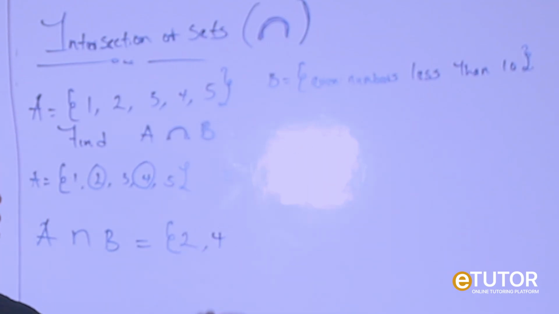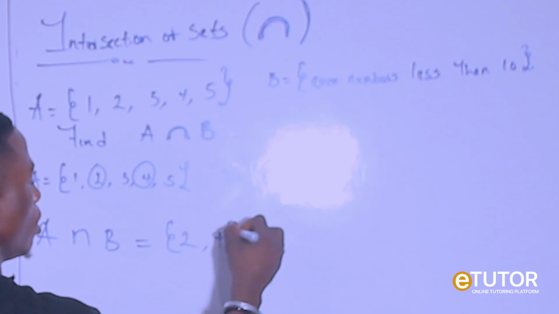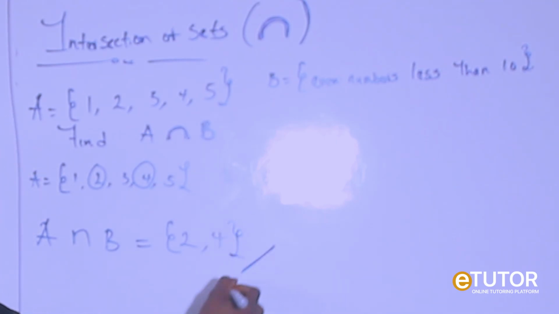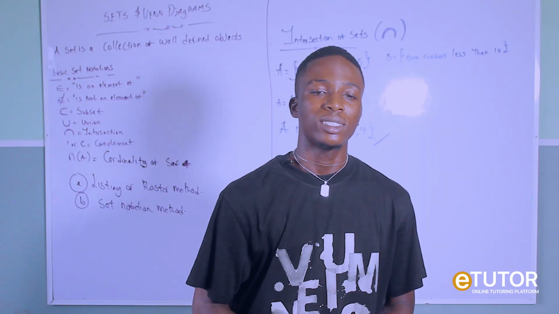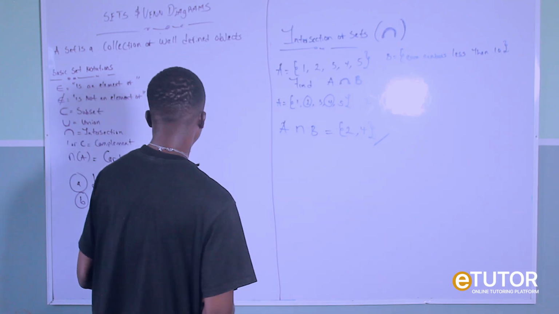Those are the only elements they have in common. So the intersection of A and B is 2, 4. So this is how to find the intersection of sets. So that is it. Now let's go to another one.